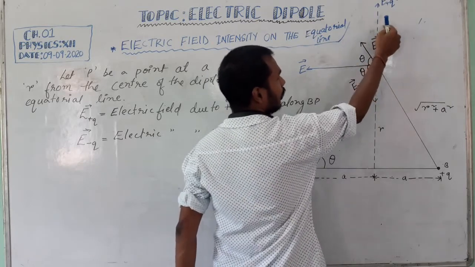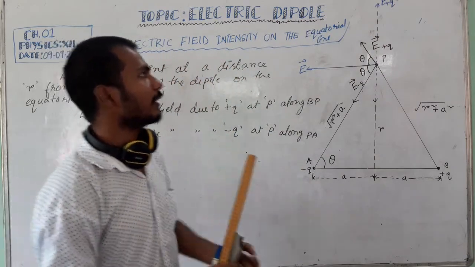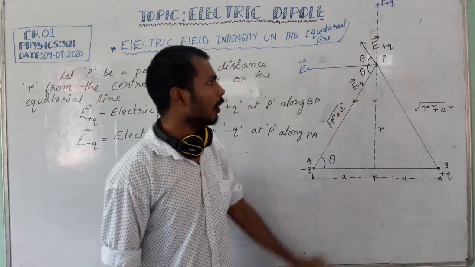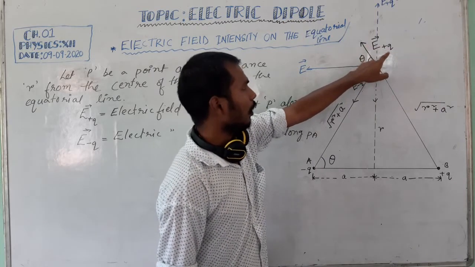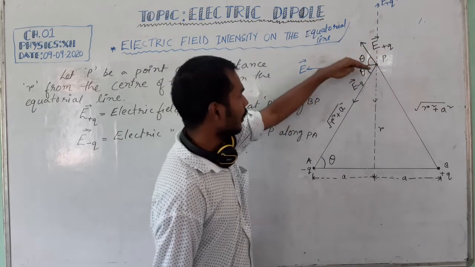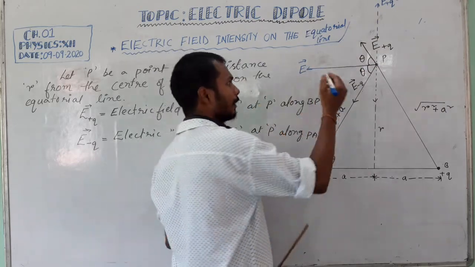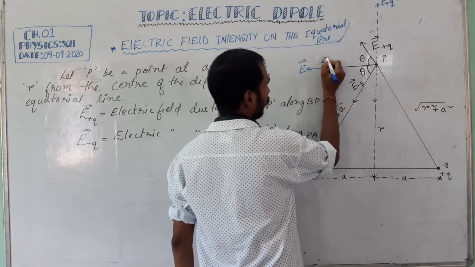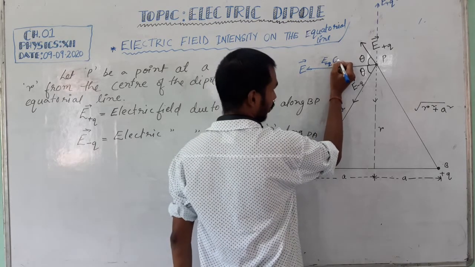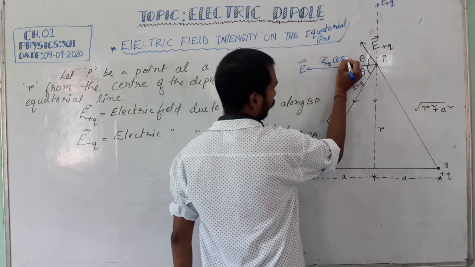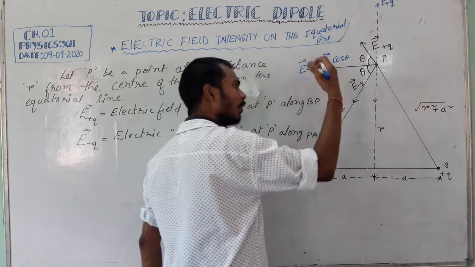So this component is called E plus Q sin theta. We know that the perpendicular component is written as sin theta. Now again, the base component of E plus Q is along the direction of E, so the base component is written as E plus Q cos theta. Sorry, cos theta.